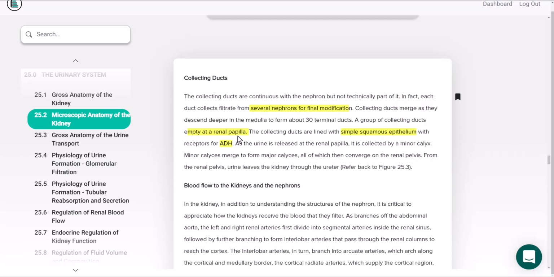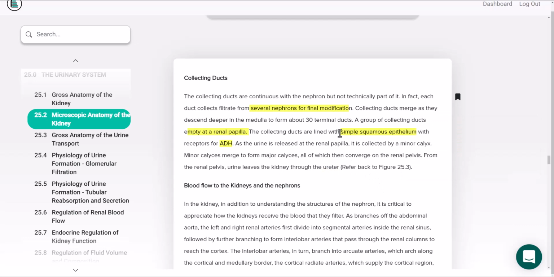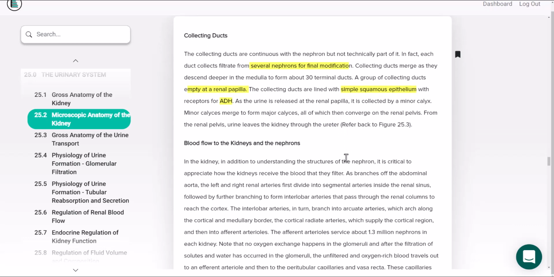From the collecting duct, out the renal papilla, collected by the minor calyx, merging to the major calyces, into the renal pelvis, and then down, leaving the kidney through the ureter. So we've seen that anatomically in pictures. We'll see that again as we go through this.